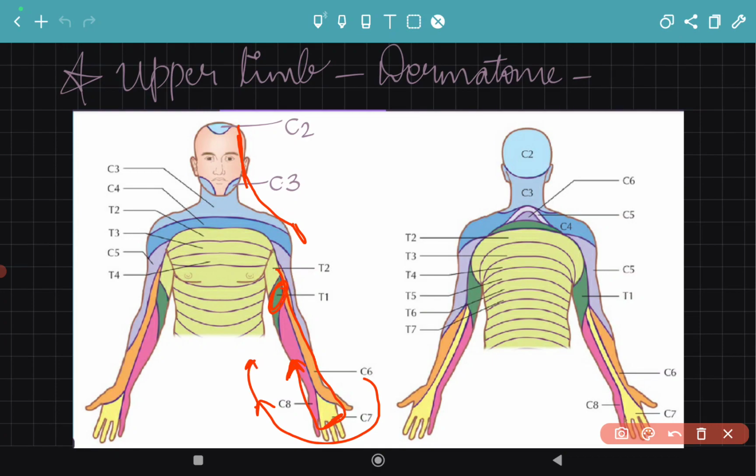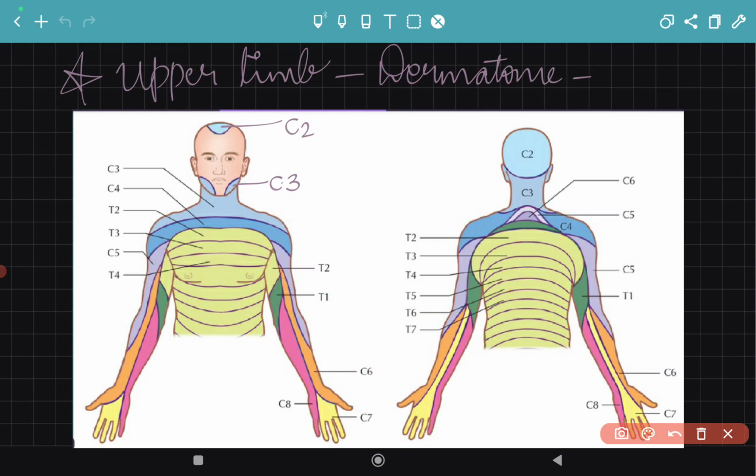Here in the upper part, T1 is starting. And again up we have T2. Over here we can appreciate this is T2. T1 was here. So this is T2 anteriorly and posteriorly. Then we can see T3 below it, T4 below that. Same way going down we can find T5, T6, T7 and so on.